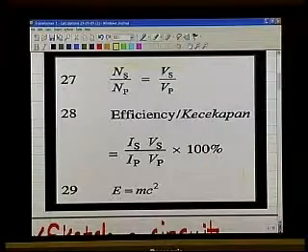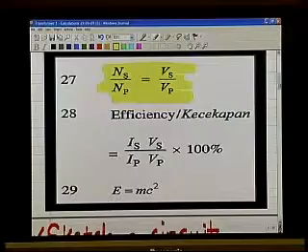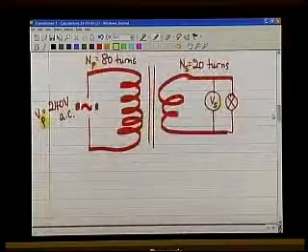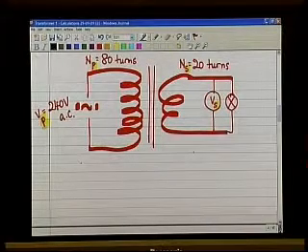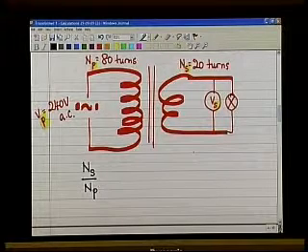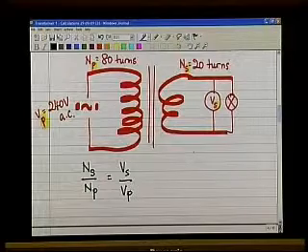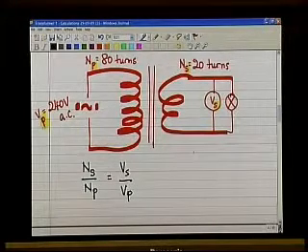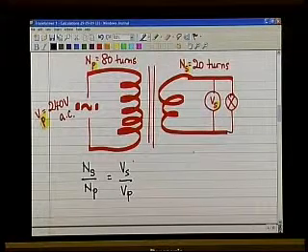Look at this formula. Ns over Np equals Vs over Vp. Alright. So let's write it down again. Ns over Np will give us Vs over Vp. Now, we need to calculate what is Vs. Do I have Ns?